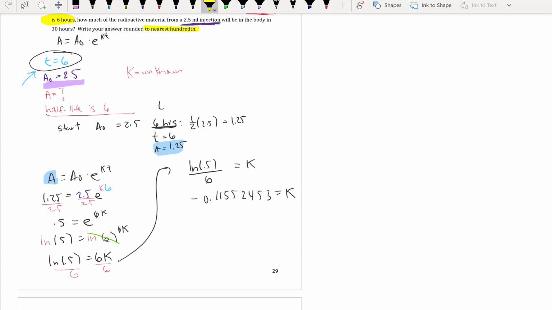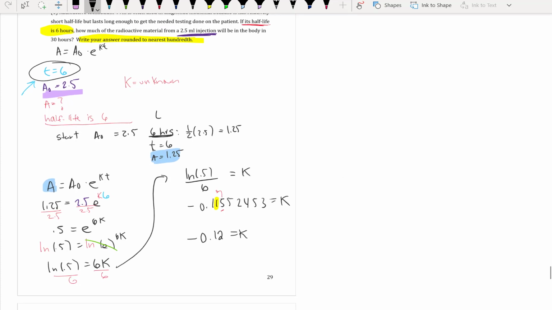And since it said to round to the nearest hundredth, 1/100th is here, so that 5 tells you to go ahead and bump that up. So it would be negative 0.12 is equal to my k. So that's just half of the problem. I just found the unknown, okay?